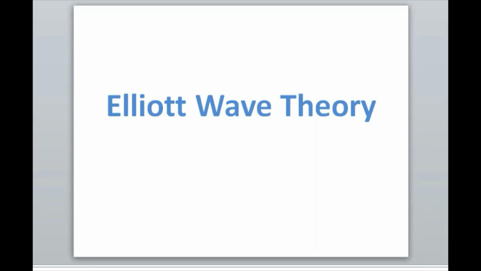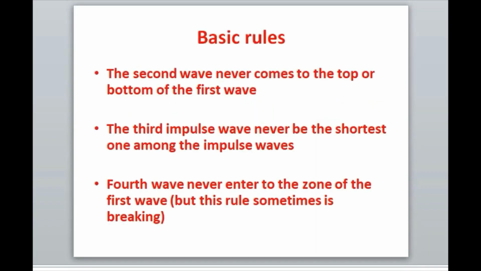So guys, now we are in the second section where we will talk about Elliott Wave Theory. Actually, it has three basic rules. The first one is that the second wave never comes to the top or bottom of the first wave.